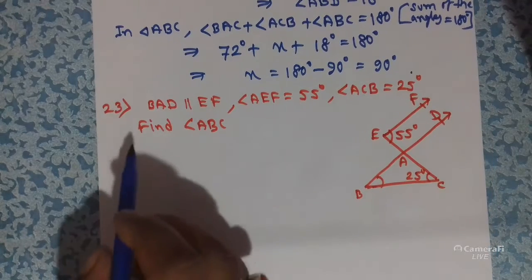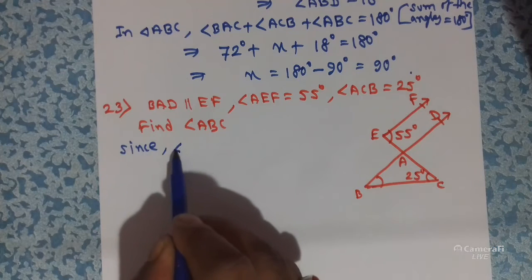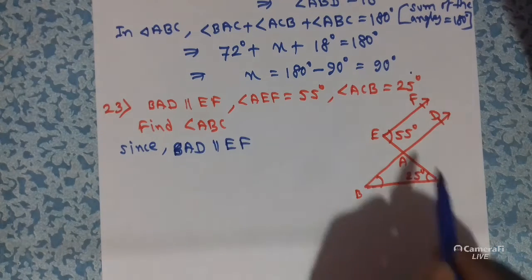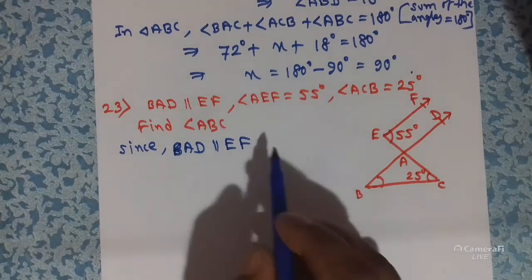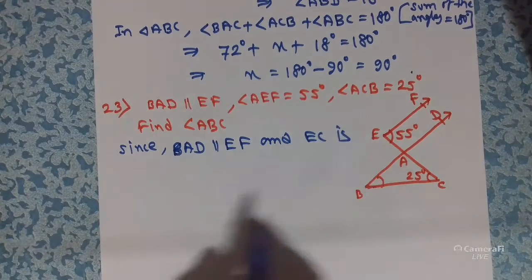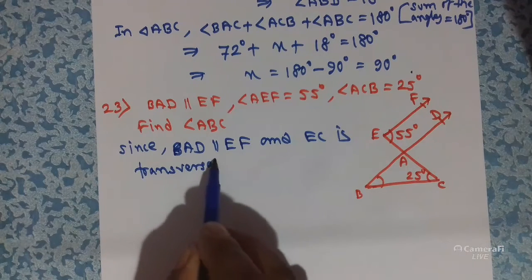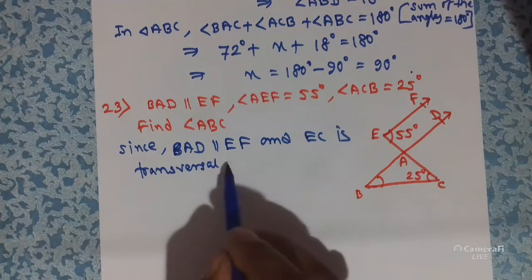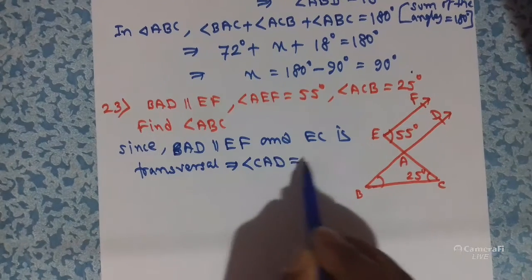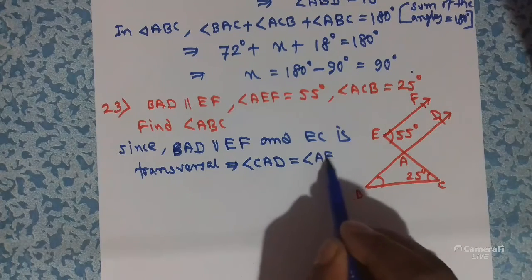So at first we have to write, since BAD parallel to EF and EC is transversal. This implies angle CAD is equals to angle AEF.